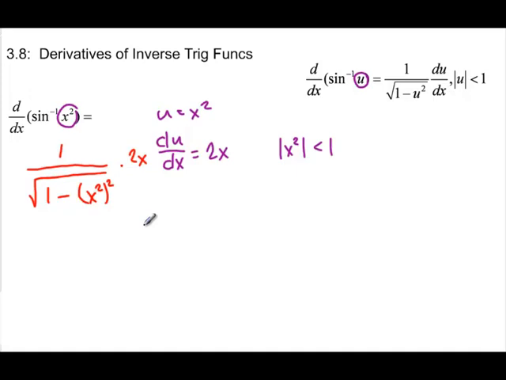Simplify and clean that up, and what you end up with is 2x over the square root of 1 minus x to the fourth. That's the derivative of the arcsine of x squared. That's all there is to it.